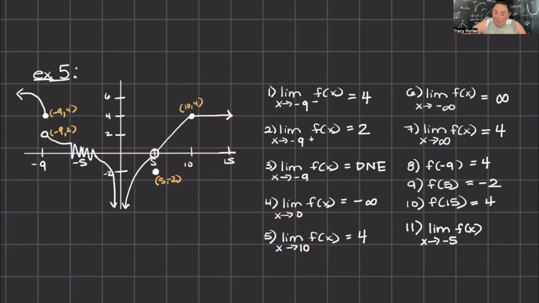Okay, now what happens as the limit approaches negative 5? So at negative 5, this one is interesting. So here's negative 5. And as you start coming in this way and this way, this is doing a behavior of what you call oscillating. So the function value is jumping up and down, and it doesn't actually kind of zone in on any one value.